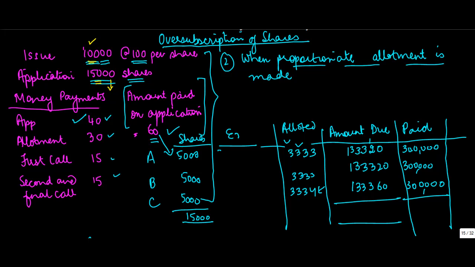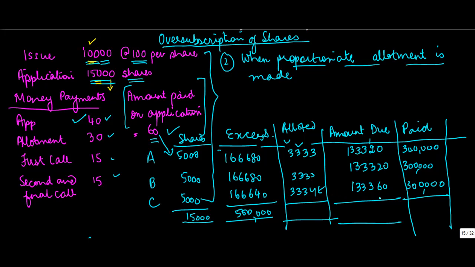So the excess money received is how much? 3 lakh minus this, so it is 166,680 for this, 166,680 for this, and 166,640 for this one. Which will be effectively 500,000.